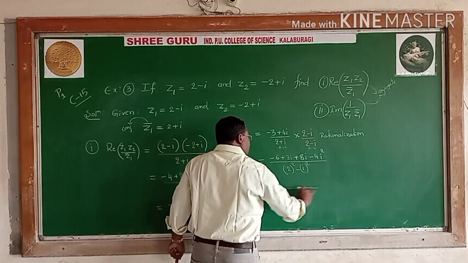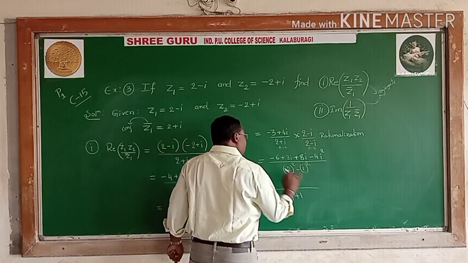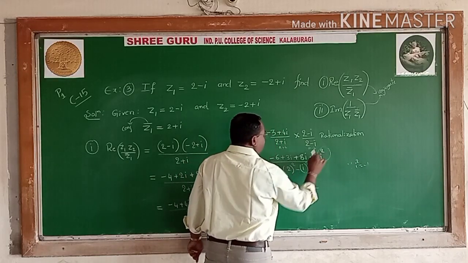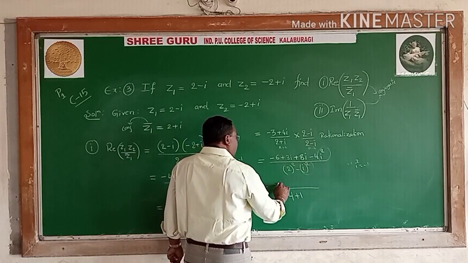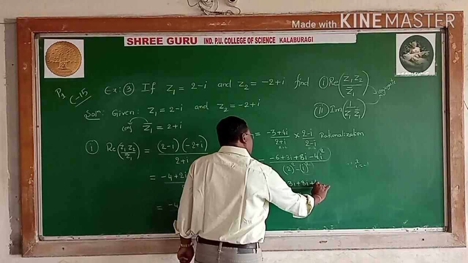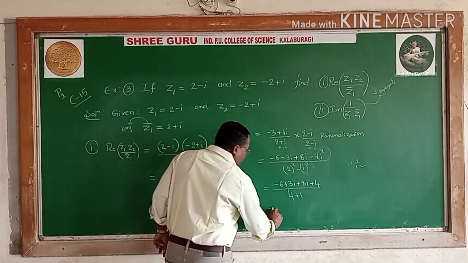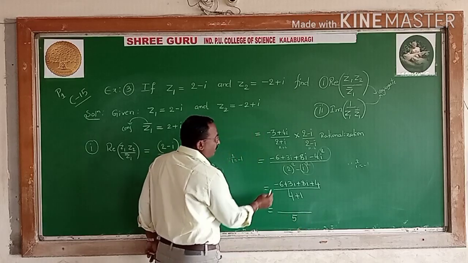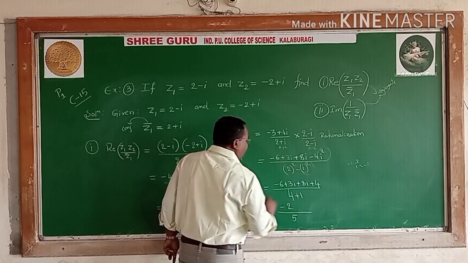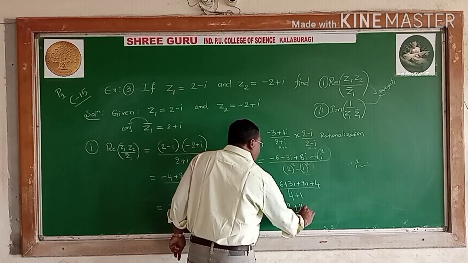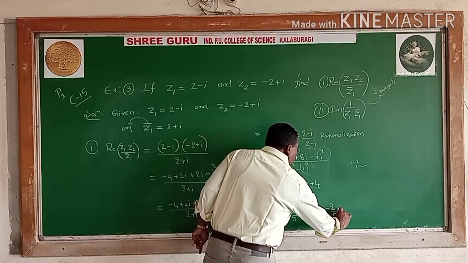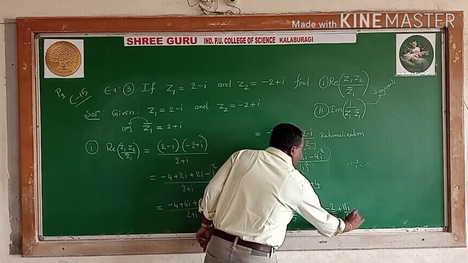In the denominator, 2 square is 4, and i square value is minus 1, so minus minus plus, giving 4 plus 1 equals 5. Separate real and imaginary parts: minus 6 plus 4 is minus 2, and 3i plus 8i is 11i.